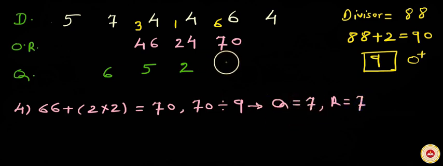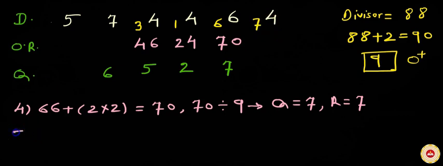Write quotient 7 below osculation result 70 and write remainder 7 as a prefix to the next digit, the last digit in the dividend, which is 4. Now read this as 74.